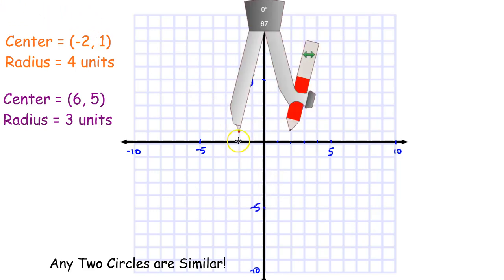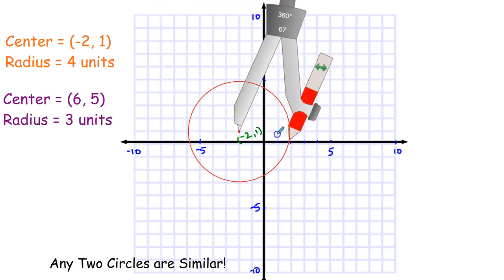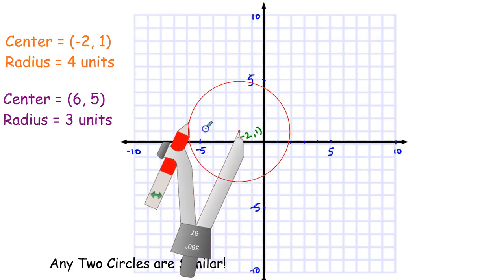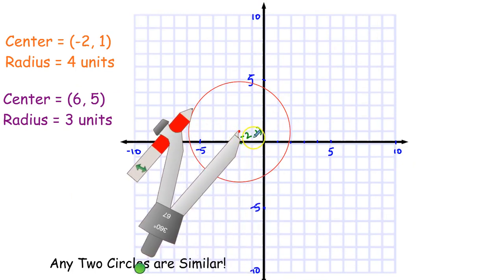The center is at -2, 1, and the radius is 4 units. So from this center: 1, 2, 3, 4. Those 4 units are the radius. Now let us draw that circle. So this is the circle we have. This circle has a center at -2, 1, and a radius of 4 units.